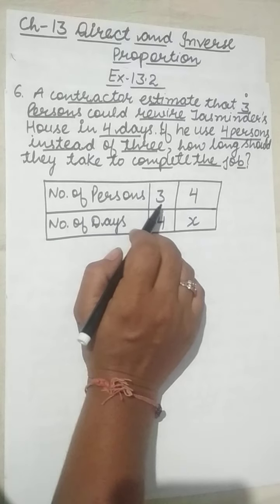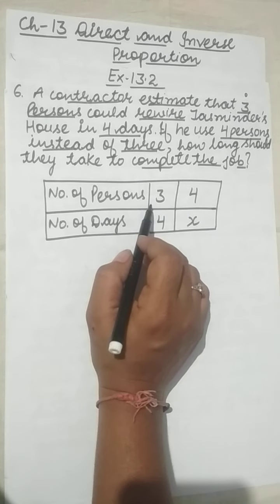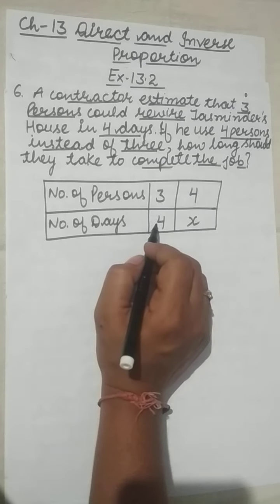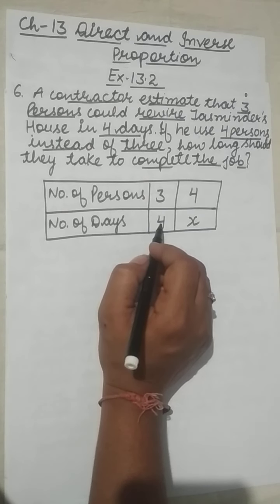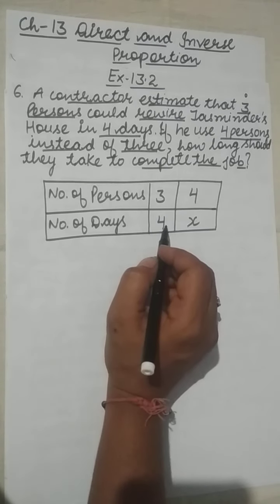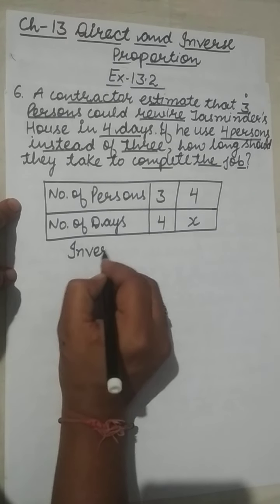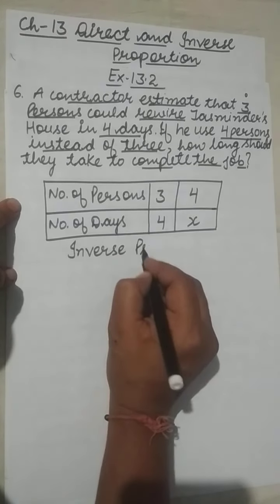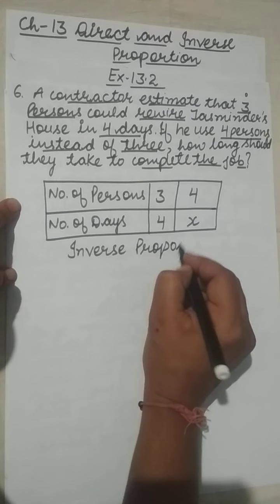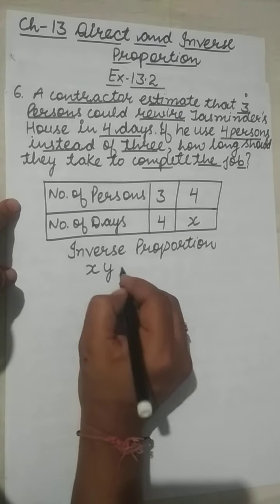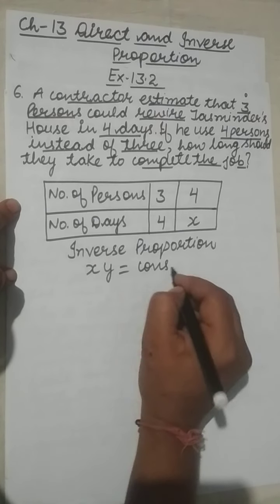So again this is the kind of inverse proportion. As the number of persons increases, ultimately they will take less time to complete the job. So this is inverse proportion. Inverse proportion means xy must be equal to a constant.